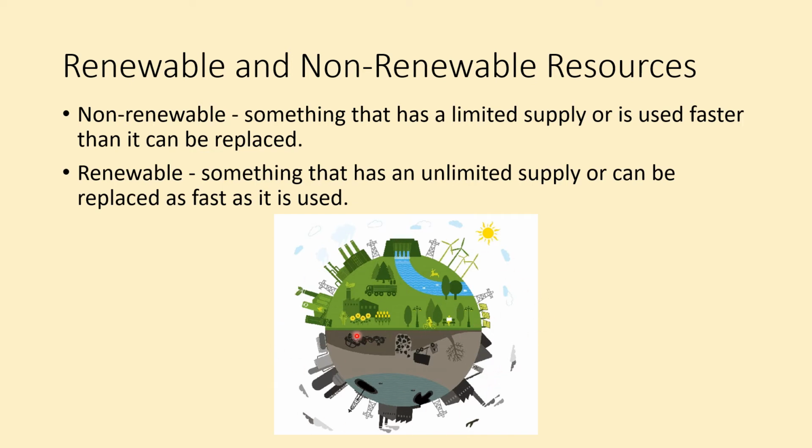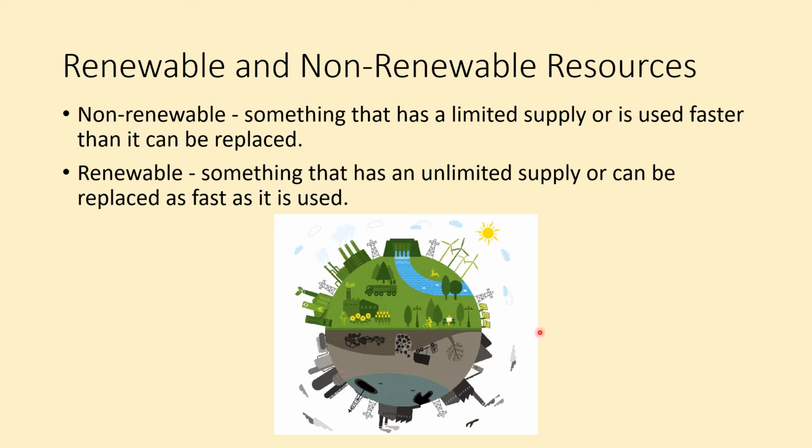So if we look at the bottom, the non-renewable things, you've got coal being dug out of the ground, you've got cars and things. I presume they're buried in a landfill. They're non-renewable because there's a limited amount of iron. You've got oil being drilled from the sea. You've got a nuclear reactor.